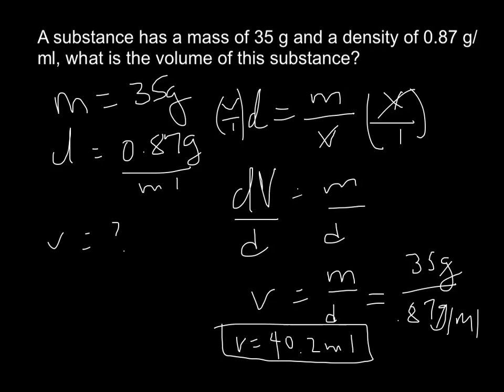Now notice that what we really did was just switch places between the density and the volume. And that made it a lot easier, right? Okay, so that is how to calculate the density. I'm going to give you a little practice calculating densities, and you go through this as many times as you need. We'll do one more example just to make sure you've got it.